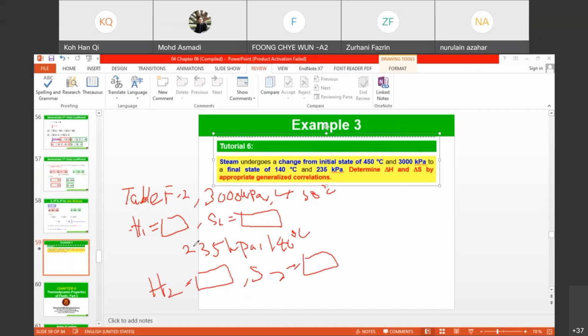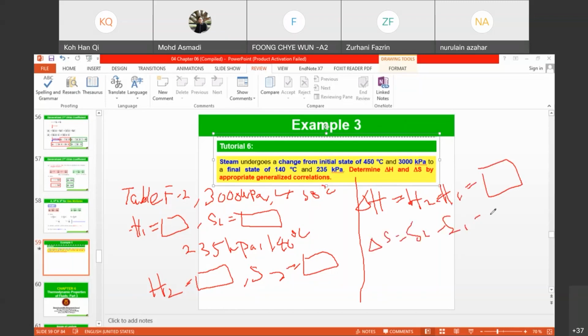Once you determine H1, H2, S1 and S2, delta H ig is equal to H2 minus H1, and delta S is equal to S2 minus S1. You can get the answer.